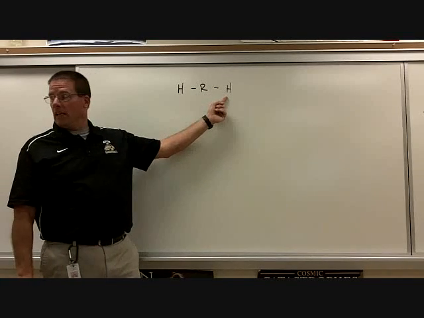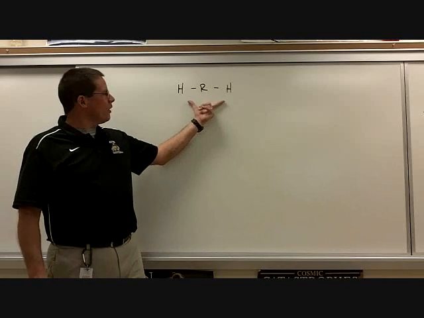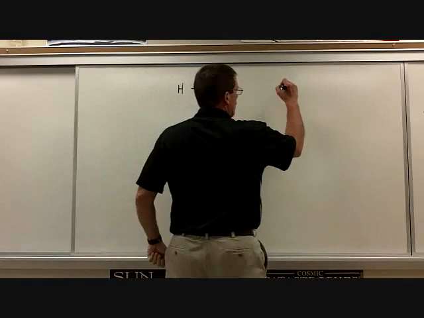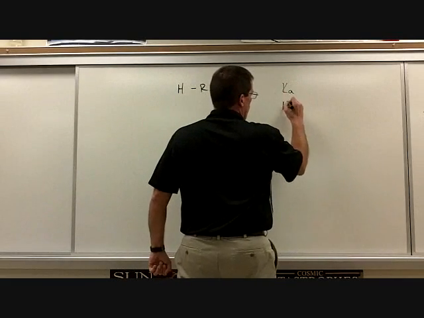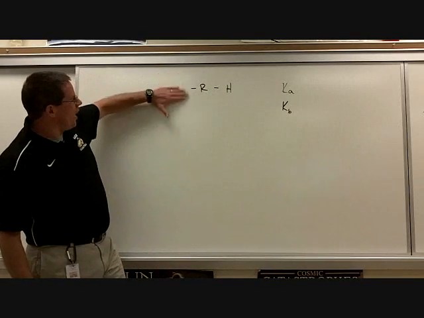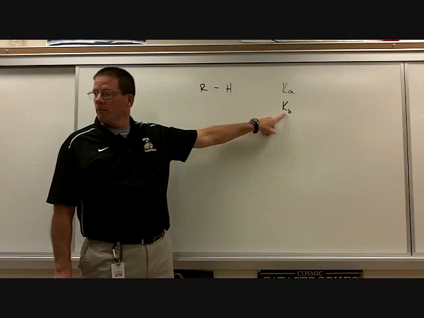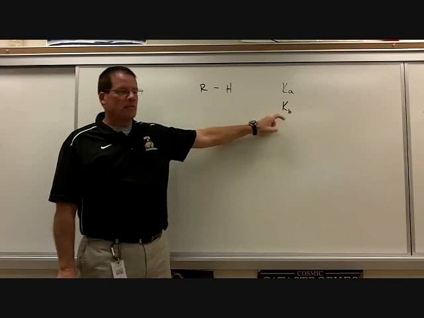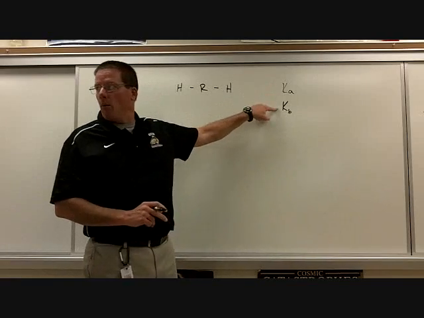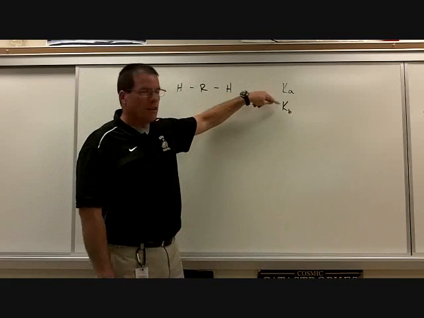If I have an H at the end, then I have a base. So what if I have it on both? Then I need to give you either a Ka value or a Kb value. However, if you just have a hydrogen at the end, you have a base. Is that cool? But if you have both, then I need to tell you. Now, I won't come out and say, hey, this is an acid, but I will cryptically.